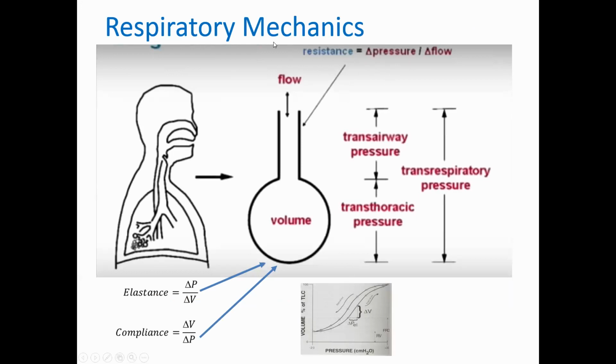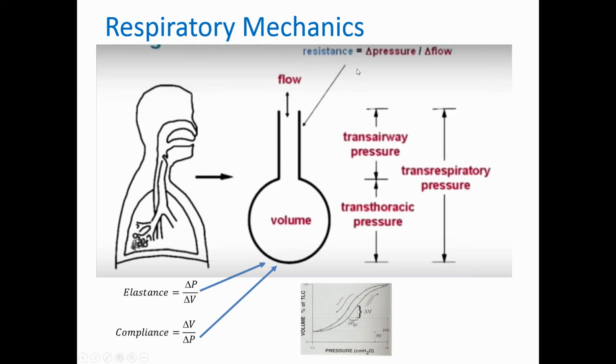Whenever you are breathing, think of the lung as a unit inside a box, with tubing, and the person's in it, and air gets into the tubing. That tubing is dynamic, the chest wall and everything is dynamic, but in the schematic view, the air flows in, and for it to flow in, it has to overcome the resistance of the respiratory system, and afterwards the resistance that is in the lung itself.